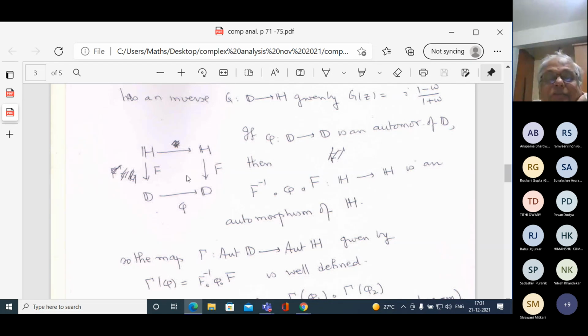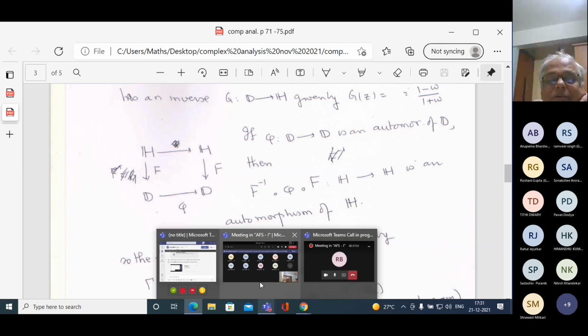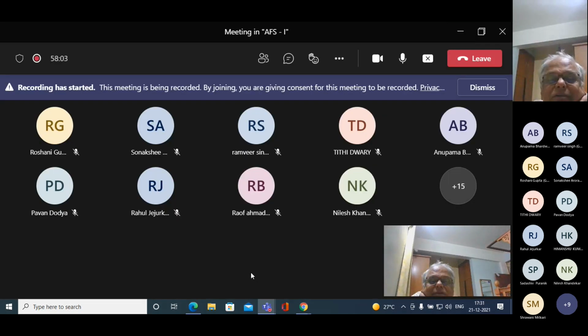Okay, and there's a name that has been given to this going from phi to this map from H to H. What is that name? What am I just doing? Going from that phi downstairs from D to D to the map from H to H. Have you done this kind of thing when you were doing your diagram chasing in the topology class?